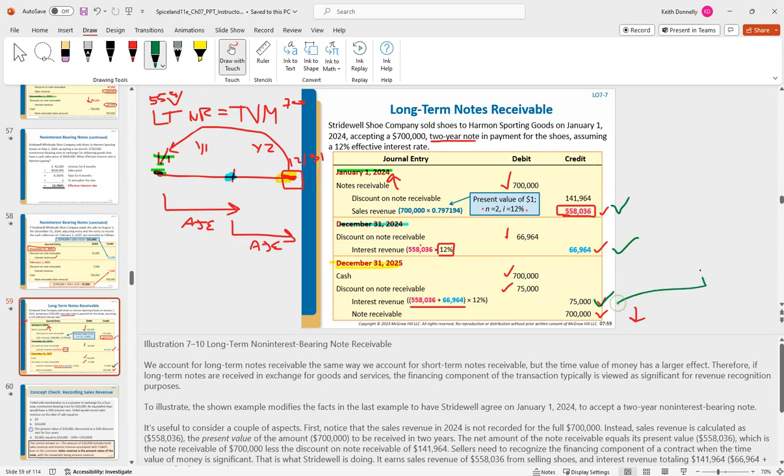The combo of these three get us up to 700. So it's like we shrink down the sales revenue, and then we build it up slowly to get it to that 700,000 amount. And it's going to represent the financing, the interest component on it.